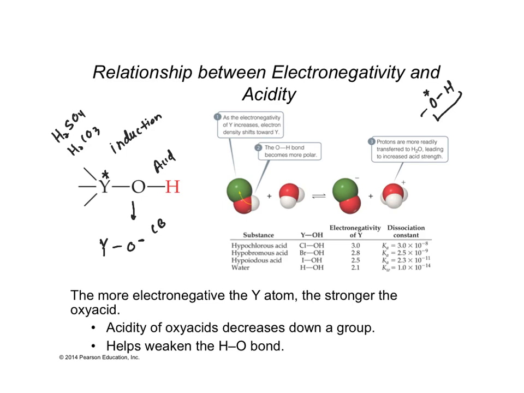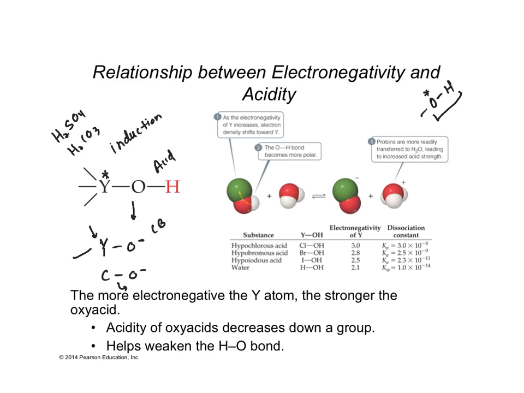Now, if I have something in this Y position like a carbon bound to an oxygen, how electronegative is carbon comparatively on the periodic table? Does carbon like to pull the electrons towards itself, or does oxygen actually like to pull the electrons towards itself in this bond? Oxygen, right? Oxygen's so much more electronegative. So carbon is not going to be very good at stabilizing this negative charge that's on oxygen.